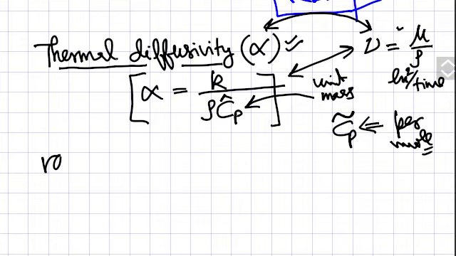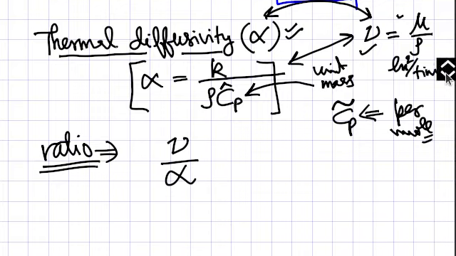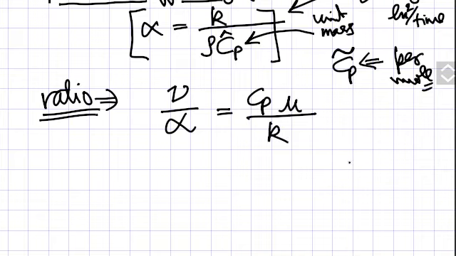If you take the ratio of this kinematic viscosity and thermal diffusivity, what will you get? You will get Cp mu by K, and this number is called the Prandtl number.